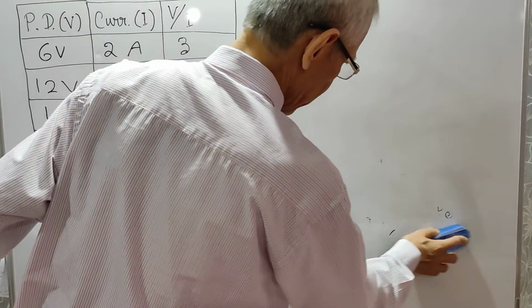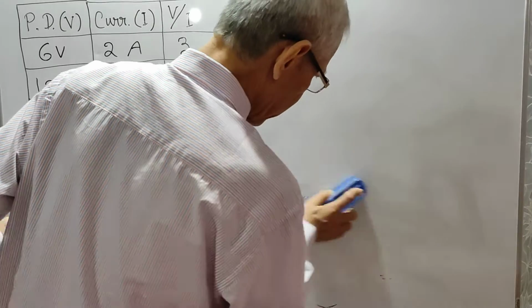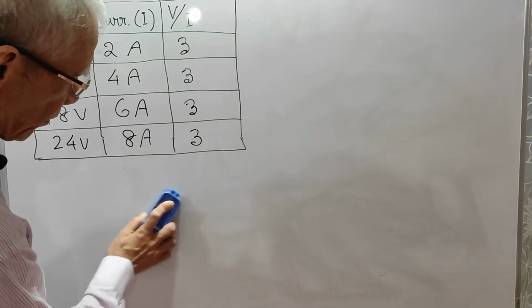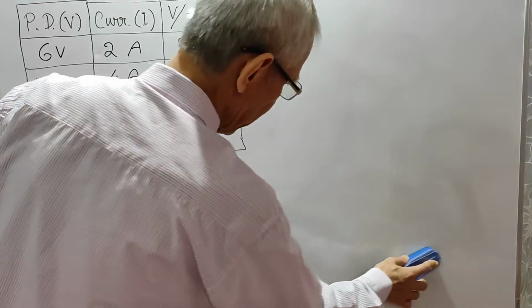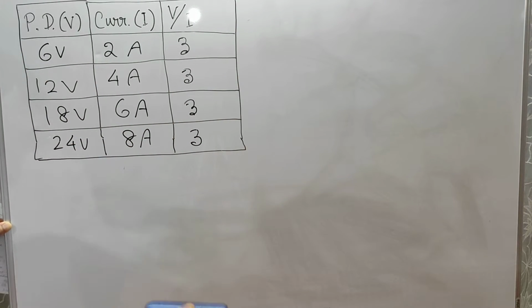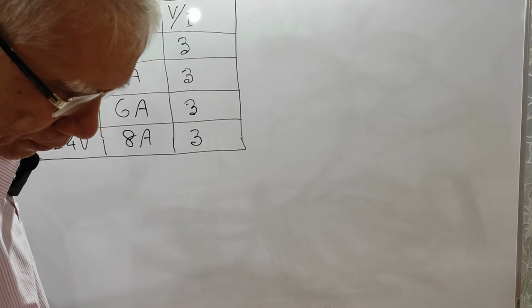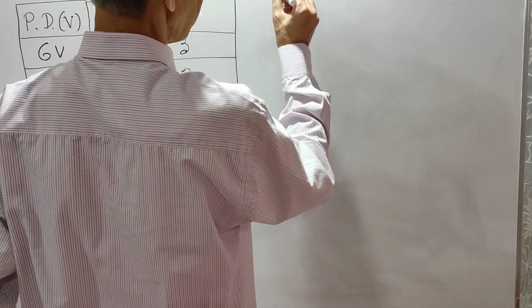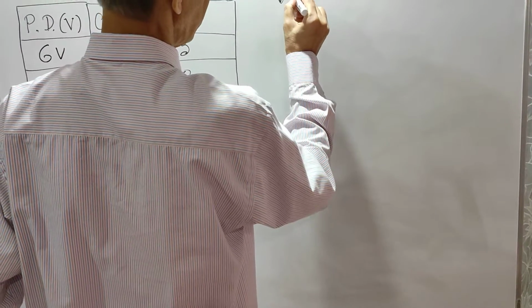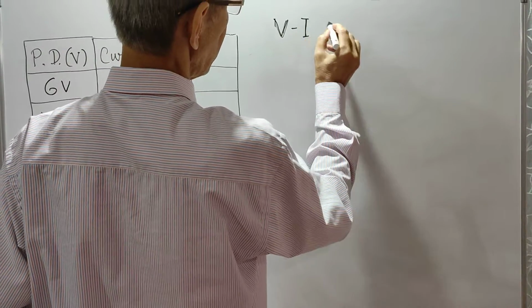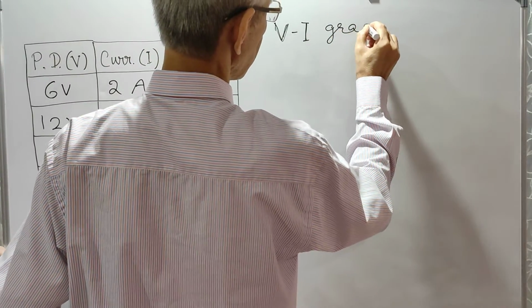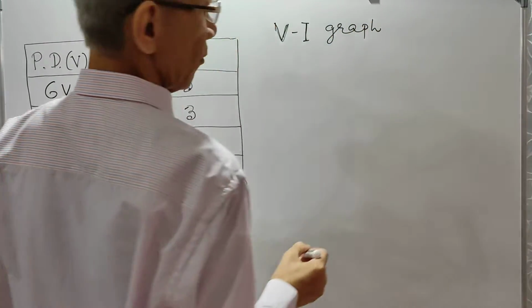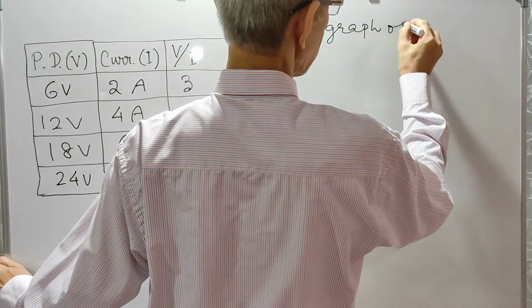Okay, let us see now the Ohm's law graph, which is also called the VI graph. Ohm's law graph or VI graph, the VI graph of resistance.